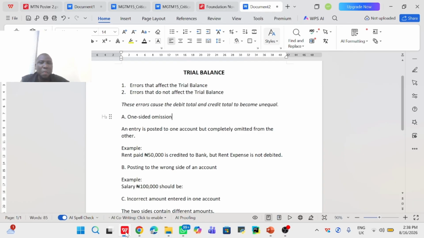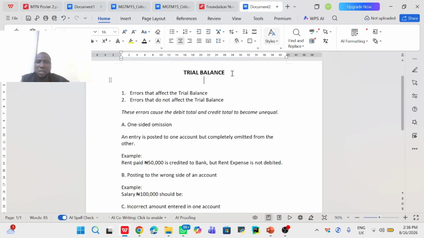That's why we have two types of errors. Errors are what make your trial balance not be balanced.